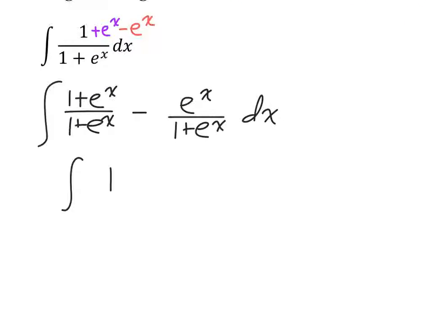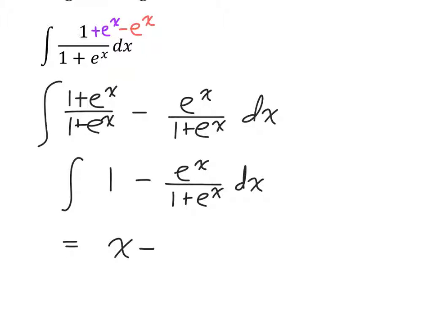So the integral of 1 minus e to the x over 1 plus e to the x dx. Antiderivative of 1 is x. And the whole purpose behind this step was to manufacture a numerator that was the derivative of the denominator. All right, so we're good to go.